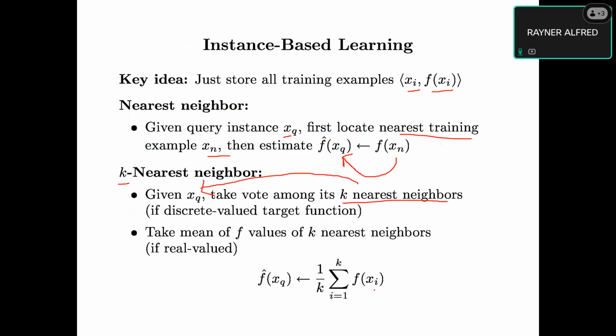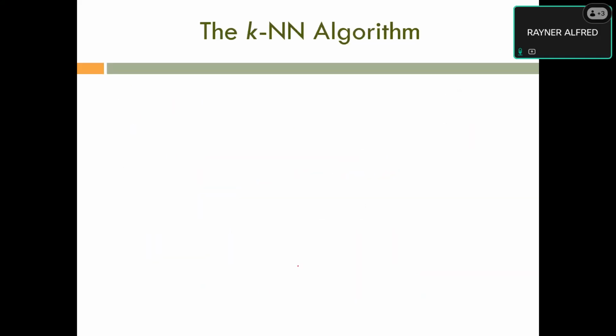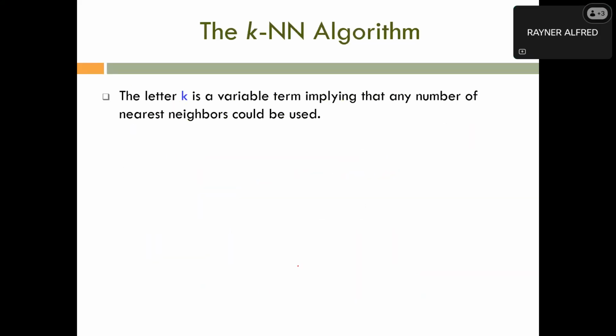Okay, so basically we are just counting lah. Okay, so this is the number k, the number of neighbors that we have. So if 2 out of 3, that is the majority, so we will assign this label to the new instance here. Okay, so what happens in the KNN algorithm? We basically compute the distance between the unseen data and the data that you store in your database.